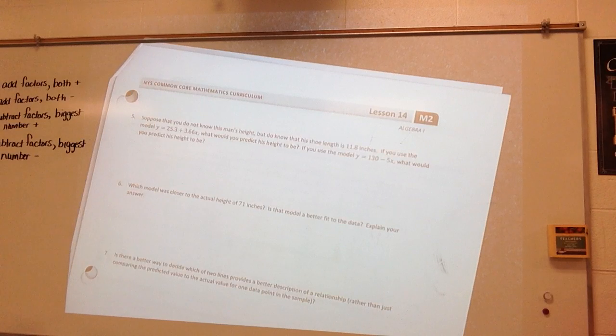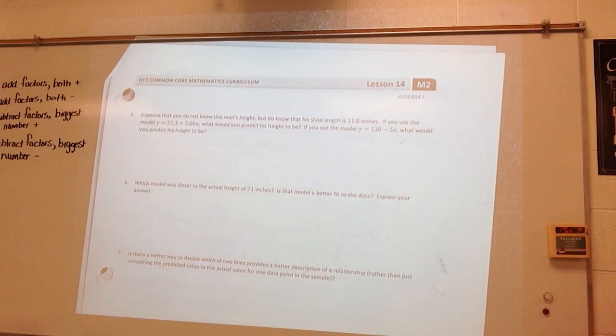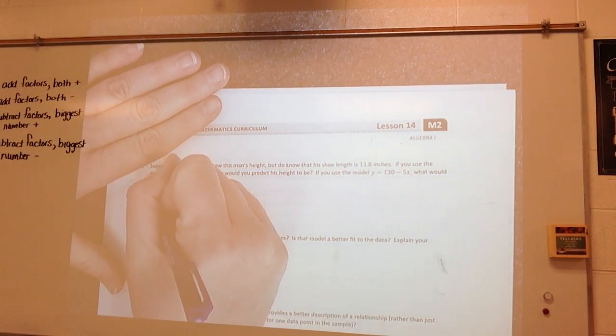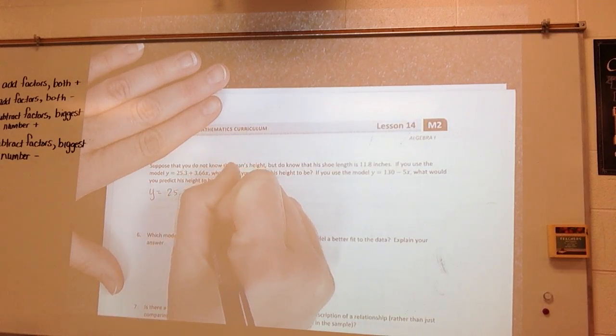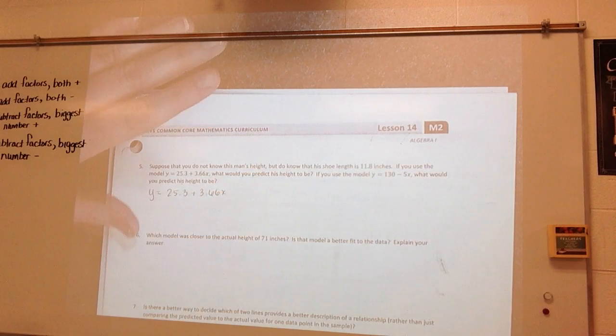Alright, number 5. Suppose that you do not know the man's height, but do know that his shoe length is 11 8/10 inches. If you use the model y is equal to 25 3/10 plus 3 66/100 x, what would you predict his height to be? Well, let's look at y is equal to 25 3/10 plus 3 66/100 x.